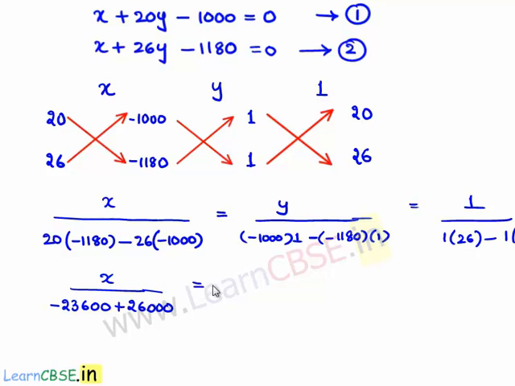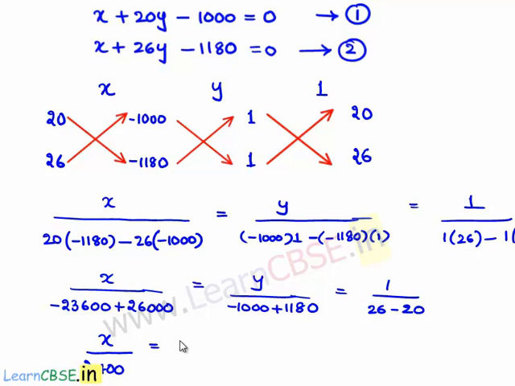This is equal to y divided by minus 1000 plus 1180 is equal to 1 divided by 26 minus 20. So we'll be getting x divided by 2400 is equal to y divided by 180 is equal to 1 divided by 6.